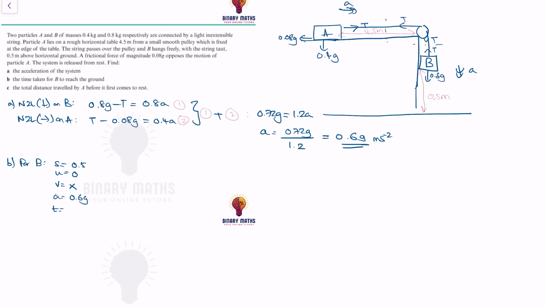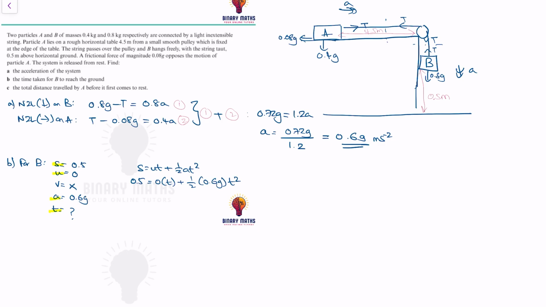We're trying to find the time it takes. So that means we've got S, U, A, and T. So S is equal to UT plus half AT squared. So 0.5 is equal to 0 times T plus half times 0.6g times T squared.